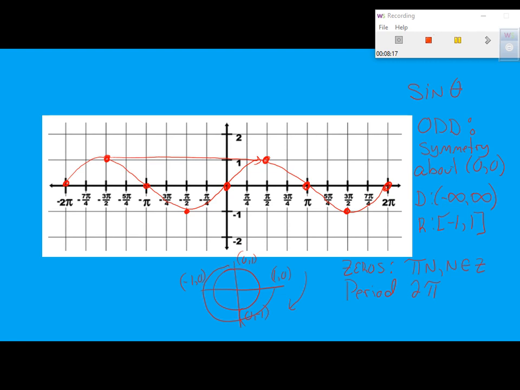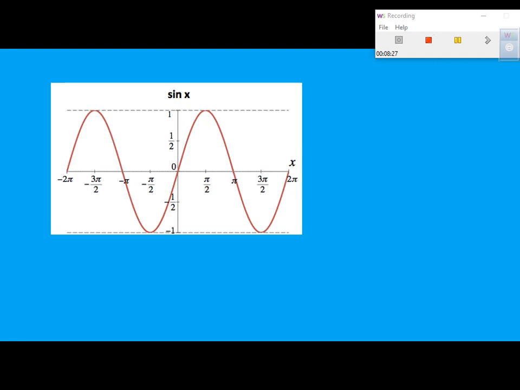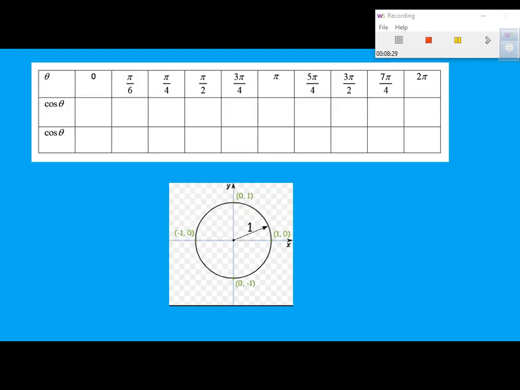Now, let's do the same thing for the cosine function. And of course, there's a cute graph of it. Once again, guys, I don't want to focus on that, or that, or that. I just want to focus on the main points from the unit circle. So once again, remember, any point on the unit circle has coordinates of cosine theta, sine theta.